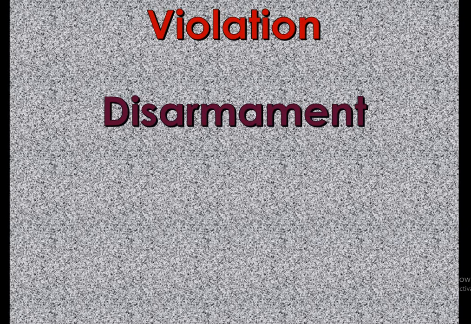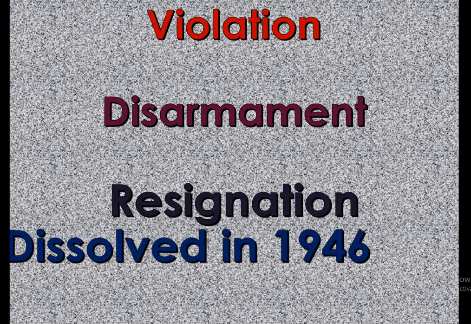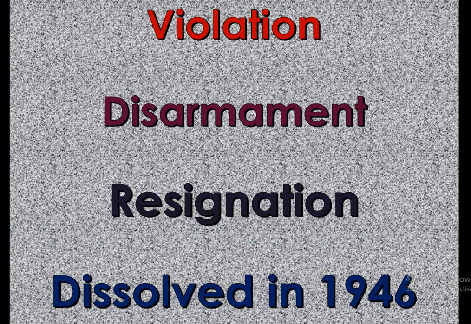But slowly, every country was increasing their nuclear weapons secretly. So there was no other way, and they resigned from the League of Nations. Thus the League was dissolved in 1946.